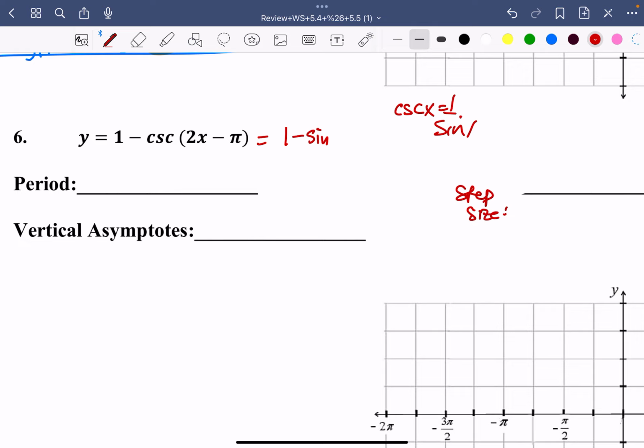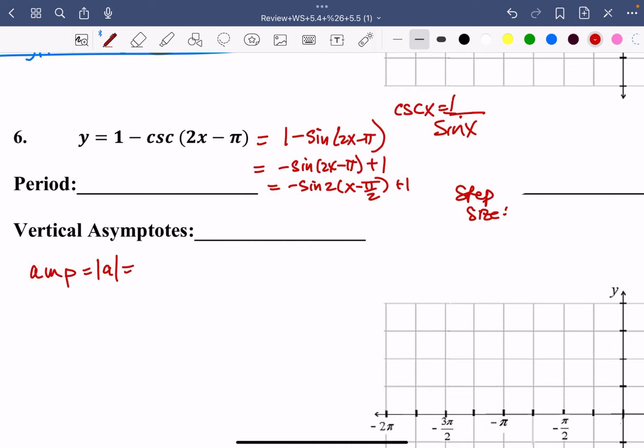So I'm going to do 1 minus the sine of 2x minus pi. But that's negative sine of 2x minus pi plus 1 when I switch the order. But then I have to factor out b. So I get 2x minus pi over 2 plus 1. So the amplitude is absolute A, so it's absolute negative 1, which is 1.